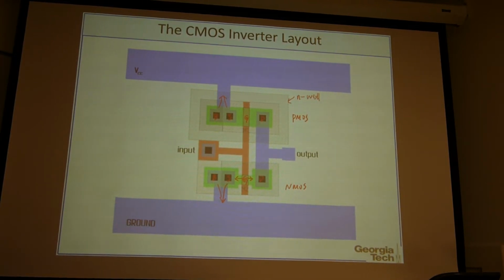So here the different colors mean different processes. You need to first make, for example, the N-well. You need to dope that region with the N-type doping. And then you do the definition of the gate. The red one, you are going to deposit the gate MOS structure. You build that MOS structure there, and then you finish the doping. The green ones are N+ type doping for source and drain of the MOS.